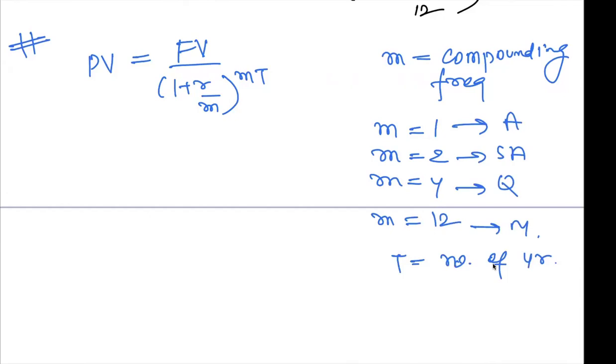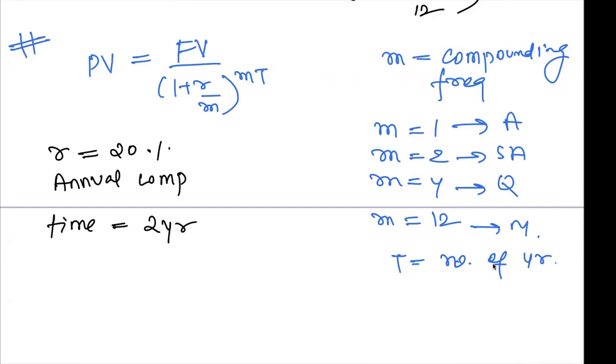Now let's say we are given that your interest rate is 20%, annual compounding, and time is 2 years. Can you all tell me what will be the formula? Present value is equal to, and let's say your future value is $1,000.